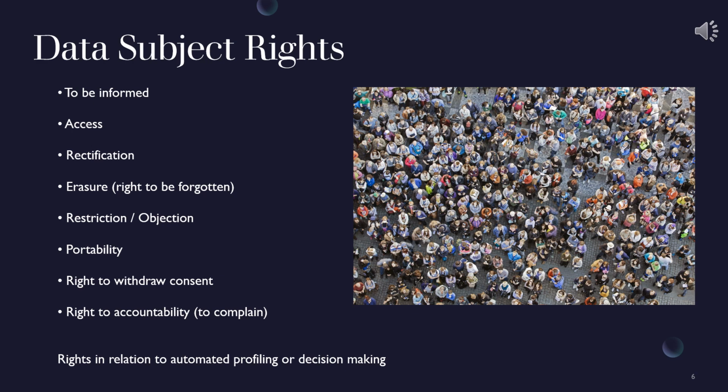This is not an absolute right, but when an organisation has no legal basis to retain the data, they must comply. Data subjects have the right to request the restriction on the use of their data or to object to its use entirely. And again, much like the right to be forgotten, there is no legal basis to reject the request. The organisation must comply.